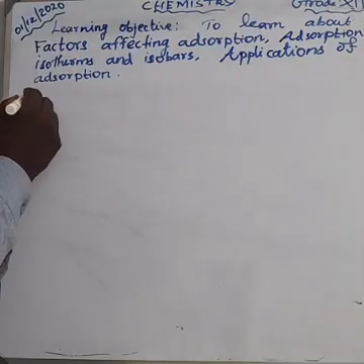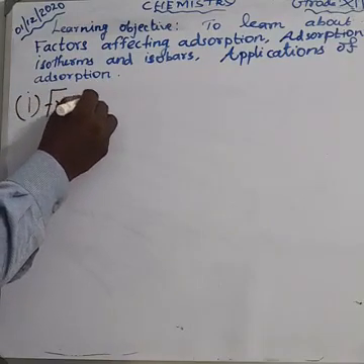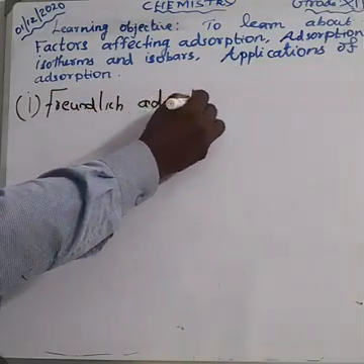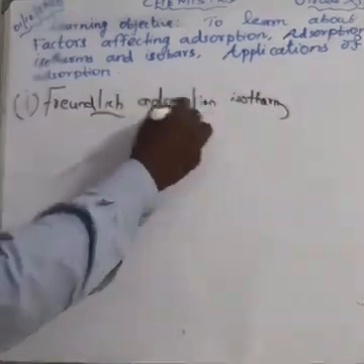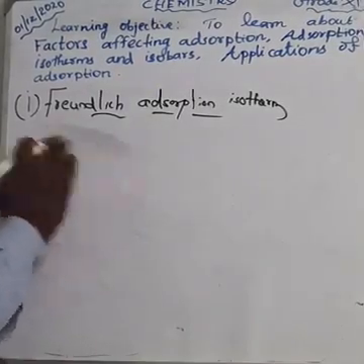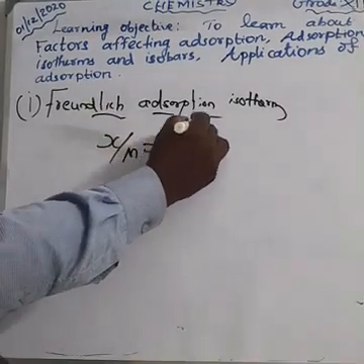Next, the Freundlich adsorption isotherm. One of the important 2-mark questions is about the Freundlich adsorption isotherm. According to Freundlich, x by m is equal to k p power 1 by n.